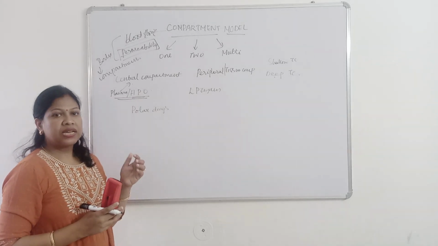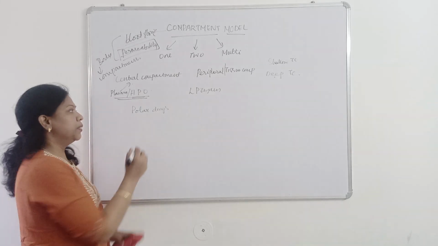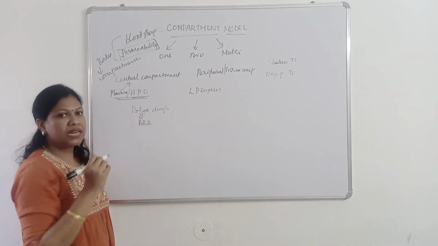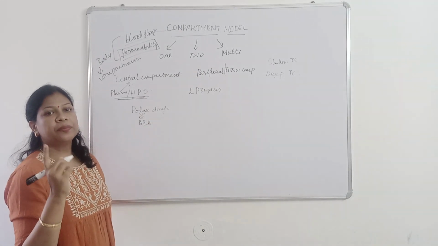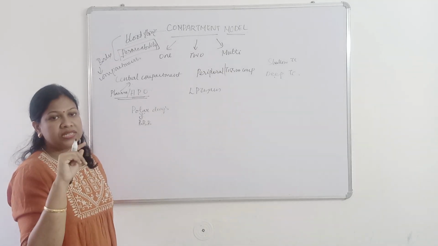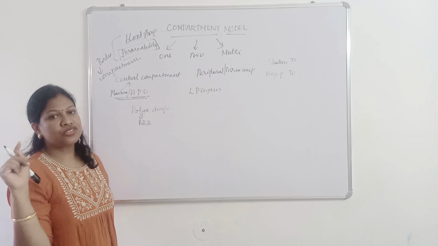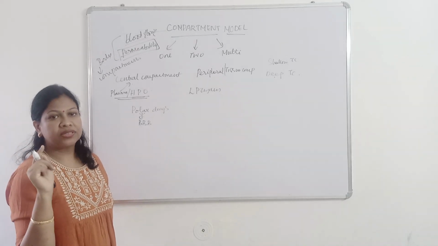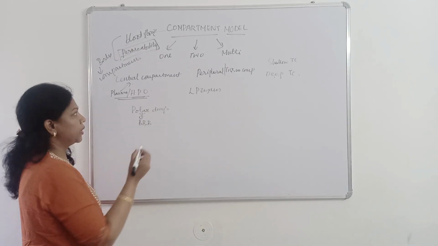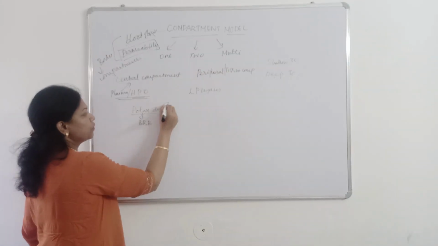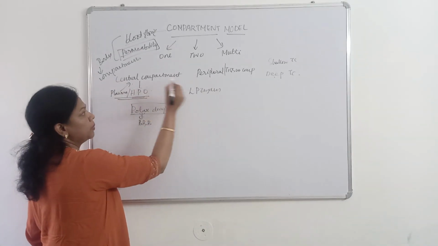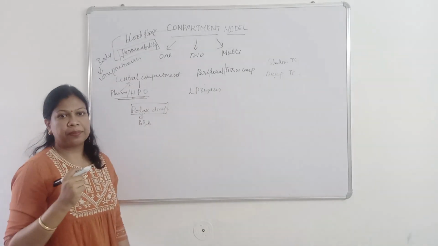Polar drugs cannot permeate through the blood-brain barrier, because the blood-brain barrier permits only lipophilic drugs to pass through. Lipid soluble drugs can easily pass through the blood-brain barrier, but not polar drugs. So in the case of polar drugs, the brain can't be in the central compartment; it will be in the peripheral compartment.